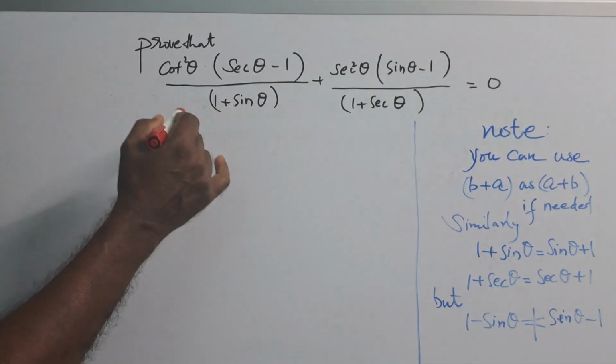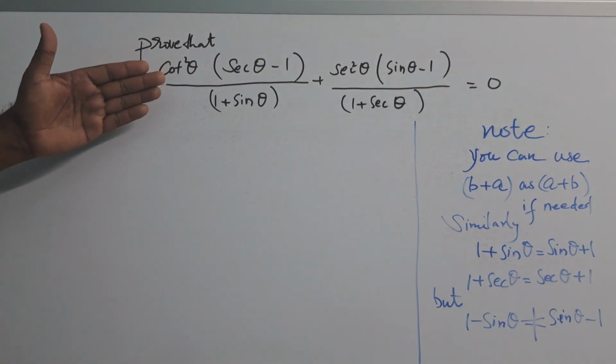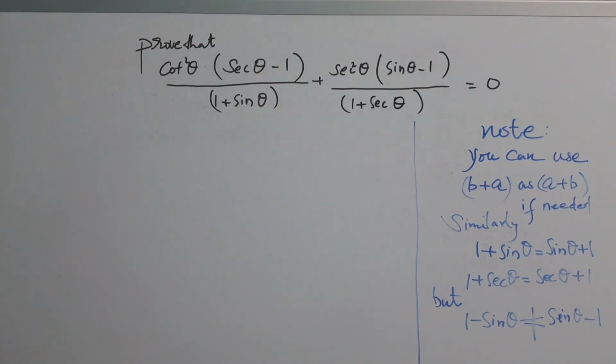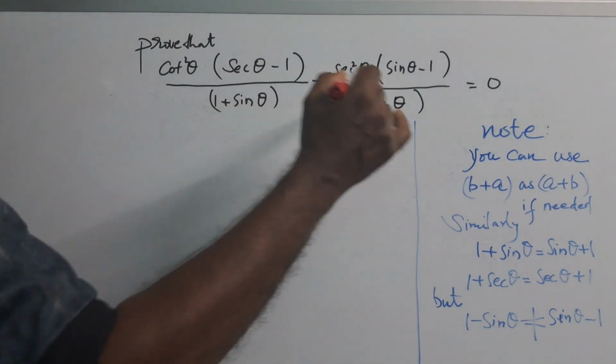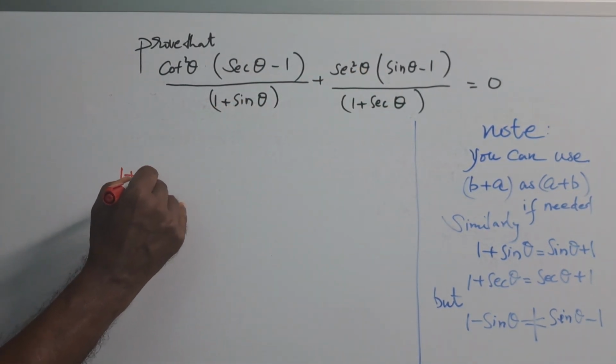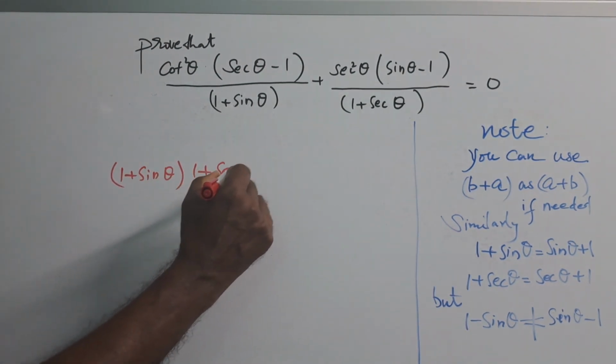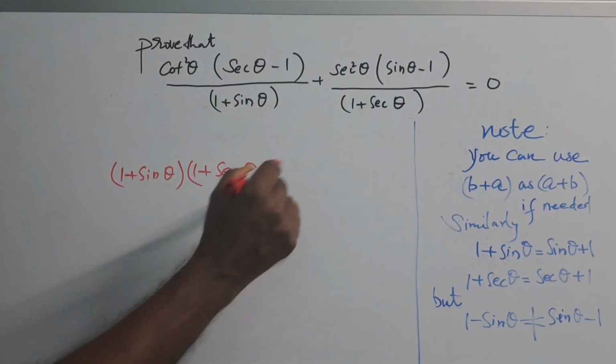Just like adding two fractions of different denominators, we can add these two. The LCM of the denominators is 1 plus sin theta into 1 plus sec theta.